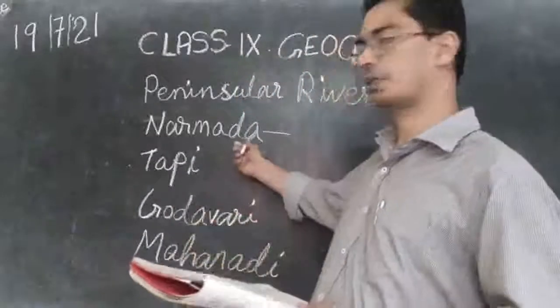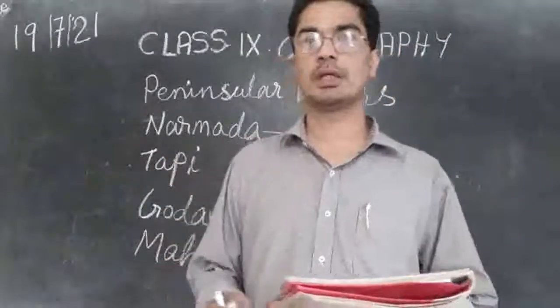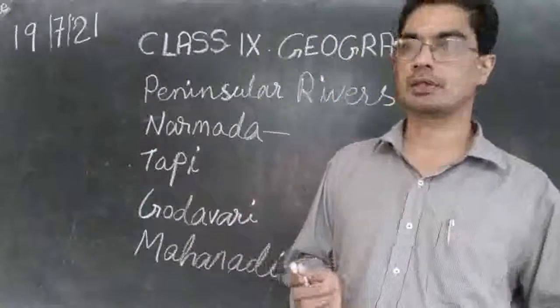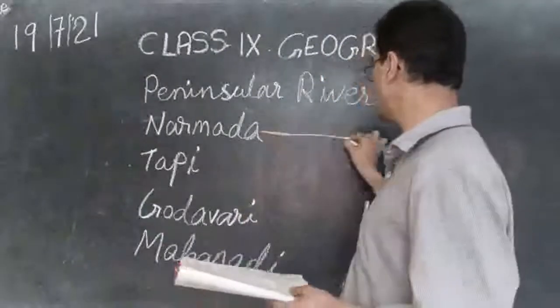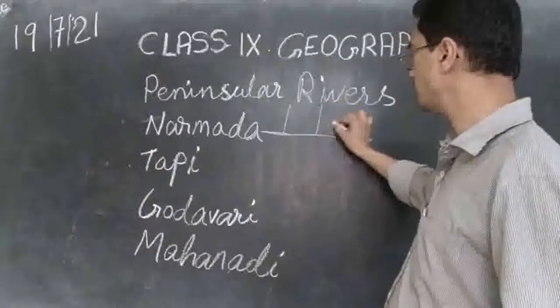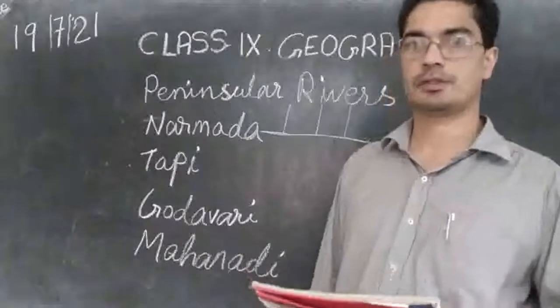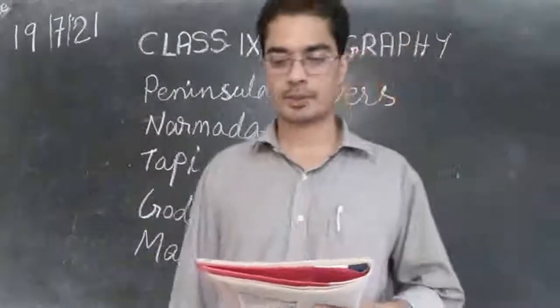So in the case of the Narmada river and its tributaries, it is forming a trellis pattern, because the main river is flowing like this, and the tributaries come and join at right angles. That is called the trellis pattern.